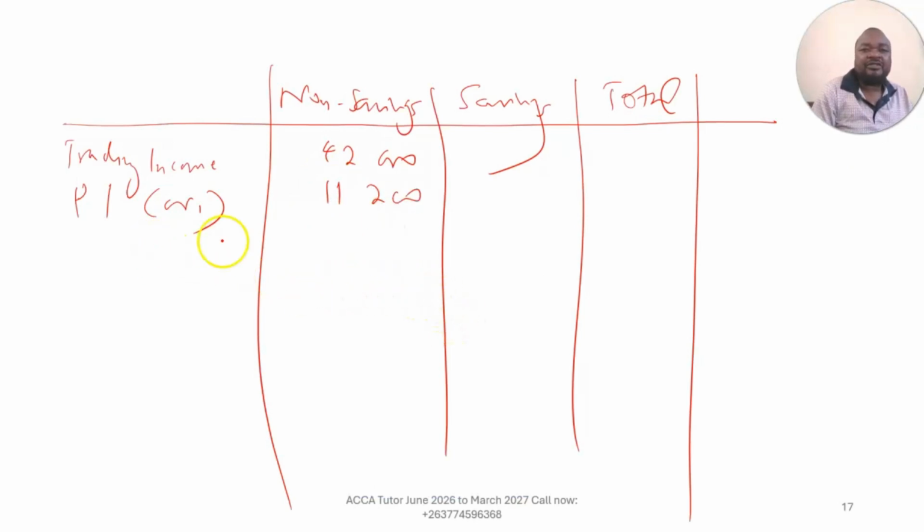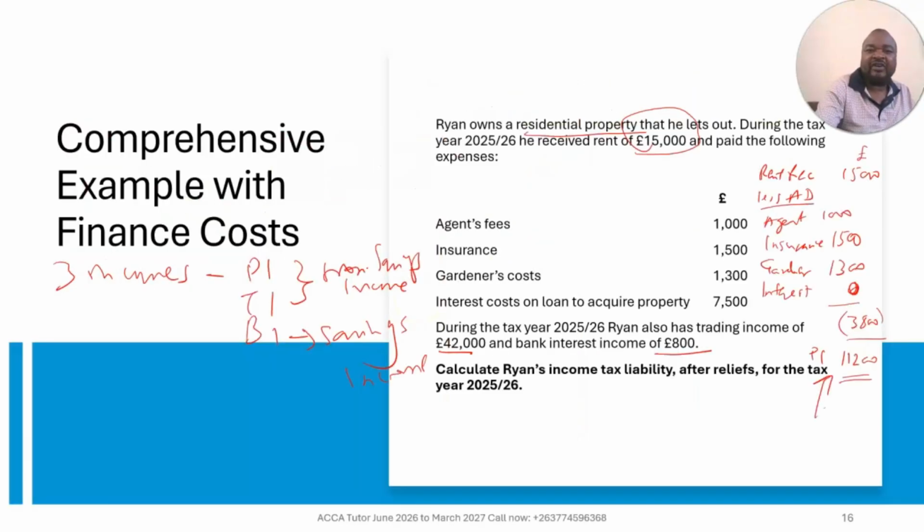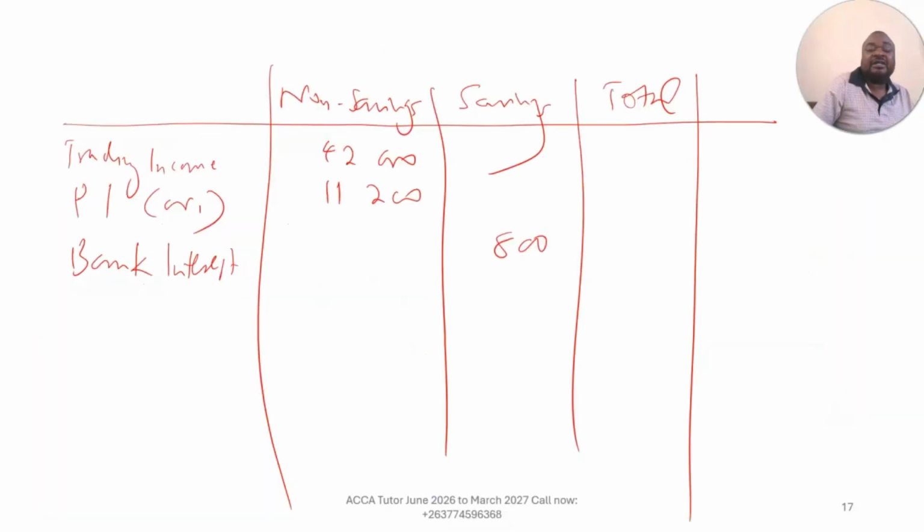Another income, the third income, was bank interest. This was given in the question as £800. Let me verify. Good, that's £800. So we then have to total.